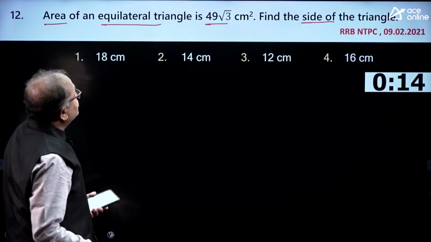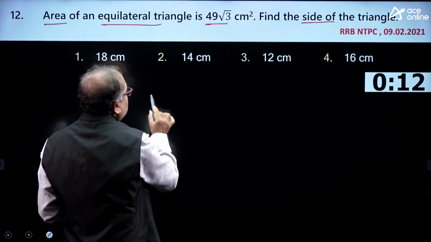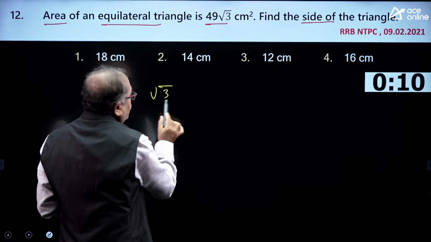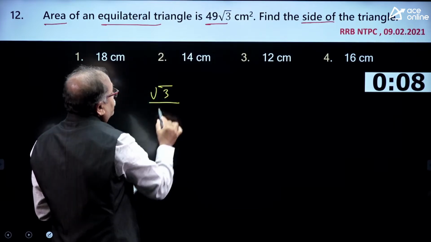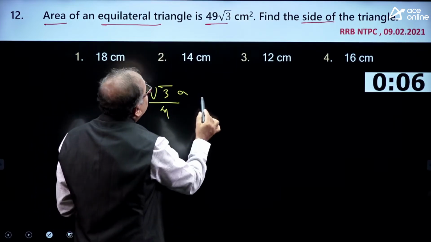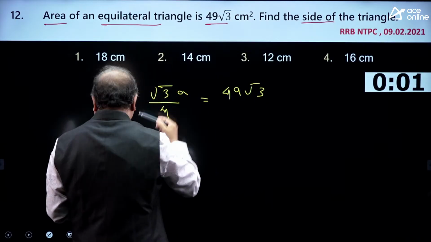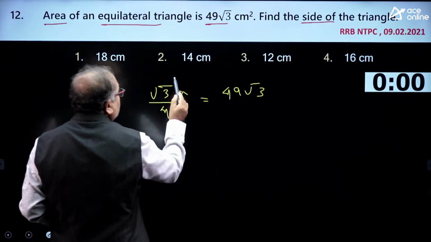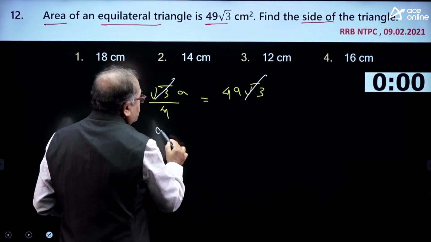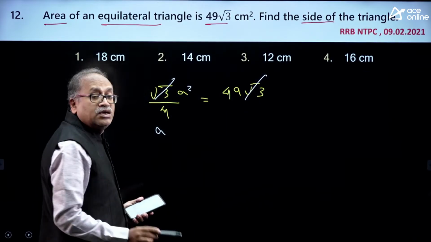Will they answer the question, where the area of an equilateral triangle is given to us? Root 3 by 4 a squared is equal to 49 root 3. So I know that root 3 gets cancelled over here, and a is squared, right?